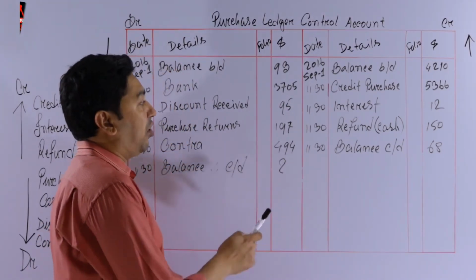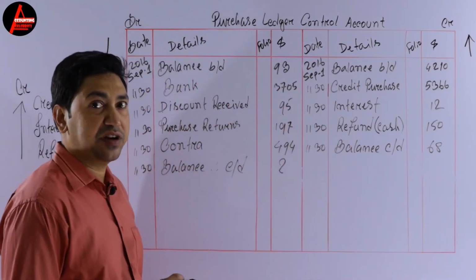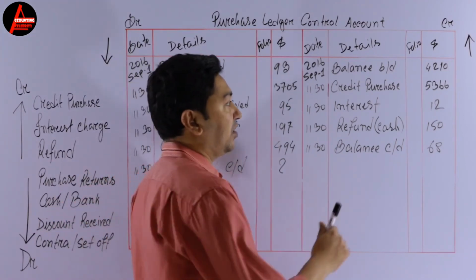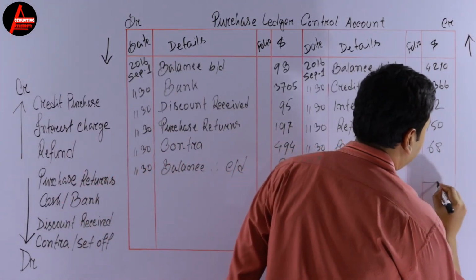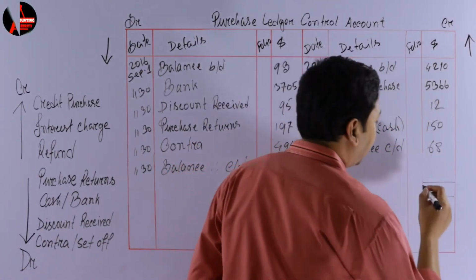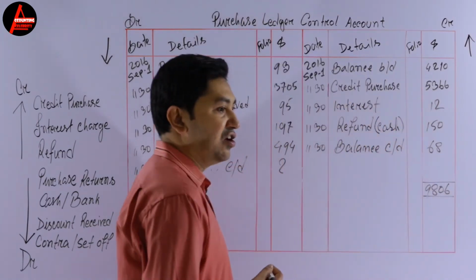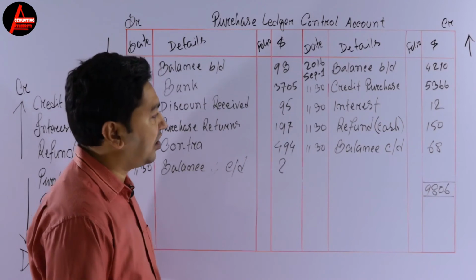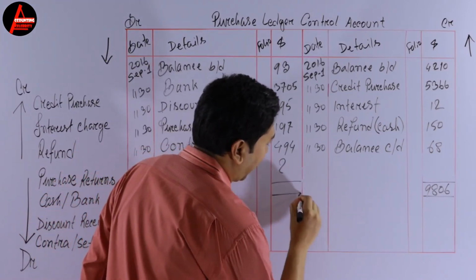First of all, you need to compare these two dollar columns. Check which column is greater in money. So if you compare this dollar column, the credit column will be greater in terms of money. So if you add this all, it will be $9,806.